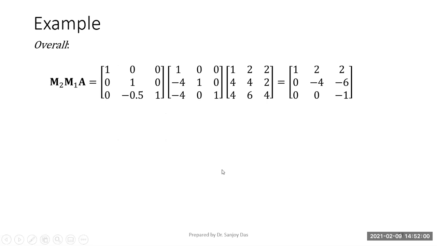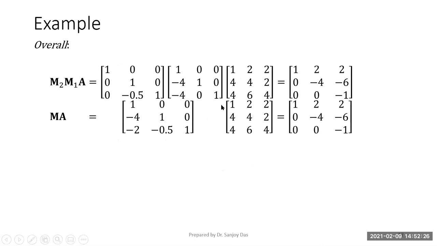Okay, so this is the original A. And what I just showed you is we can carry out a series of pre-multiplications with lower triangular matrices to get an upper triangular matrix.